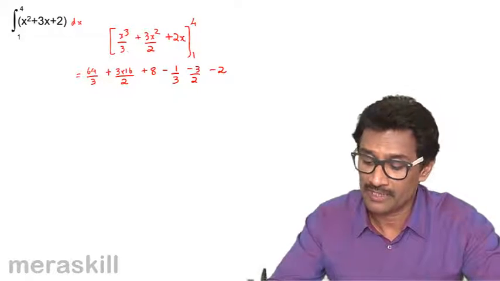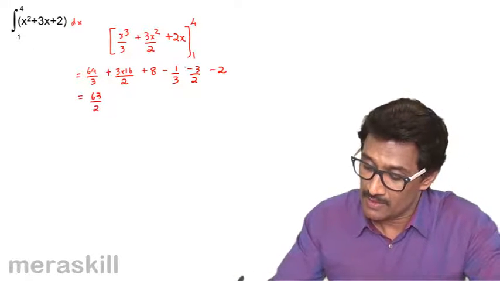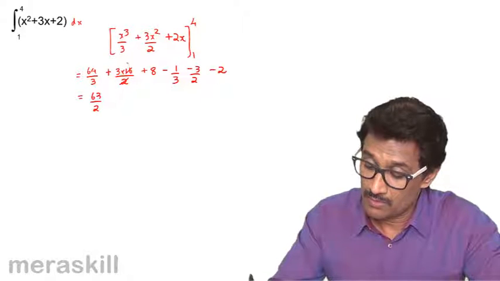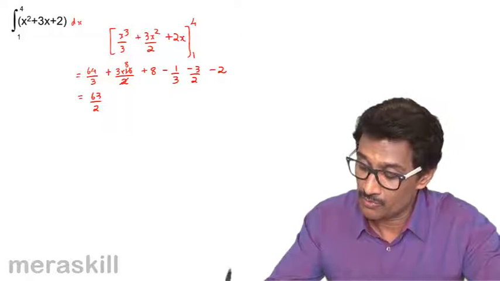So we have found the integral. 64 minus 1 by 3 is 63 by 3, and it is going to be 24 minus 3 by 2.